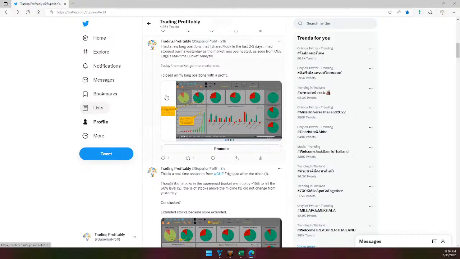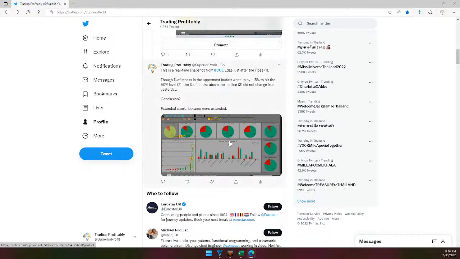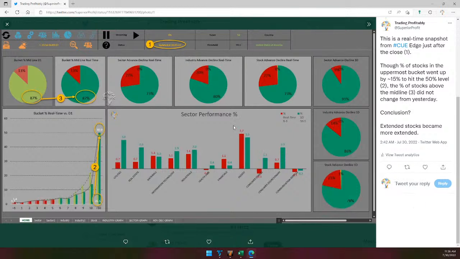And I followed up with a tweet just after market close, just after 4 p.m. Eastern Standard Time. At that time, 50% of the stocks in the S&P 1500 were above the upper Bollinger Band, and that was a jump of about 15% from one day ago when it was around 35%.